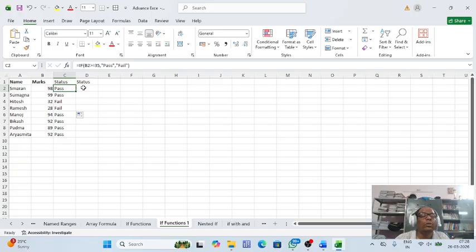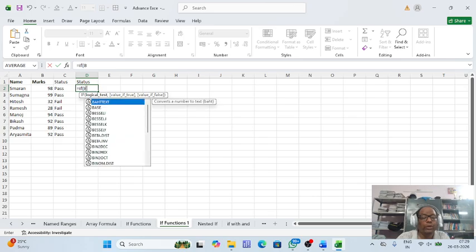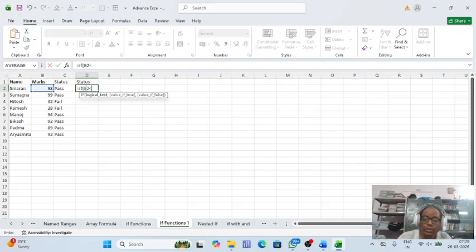Again, if you want to write it another way, if B2 is smaller than or equal to 35, then the status should be fail, otherwise it will be pass.